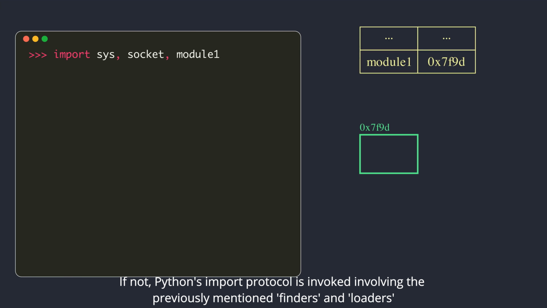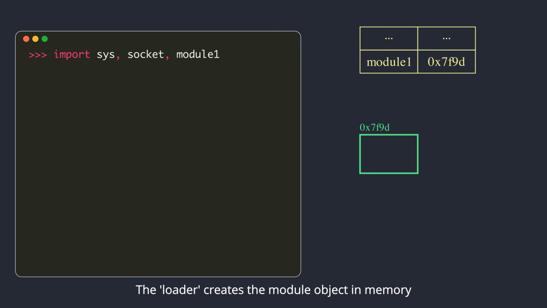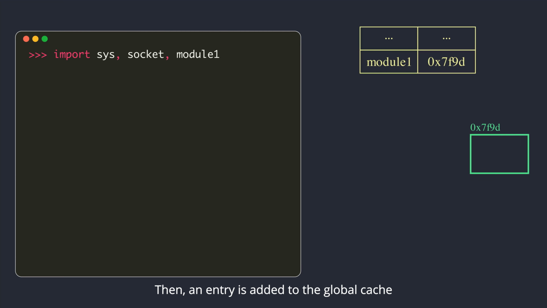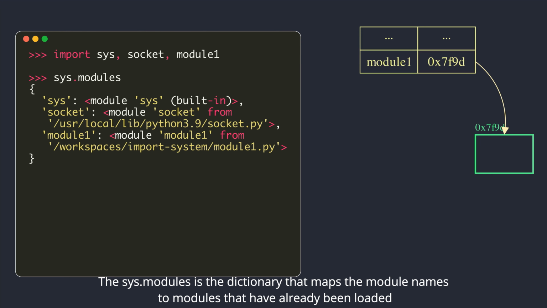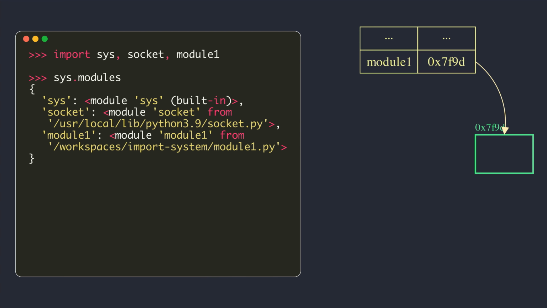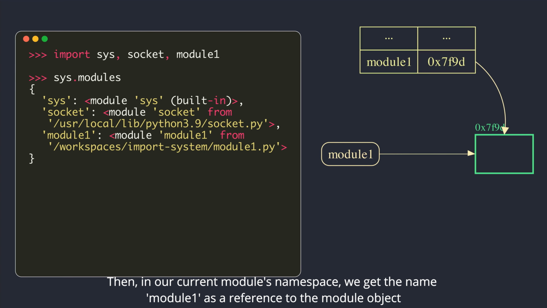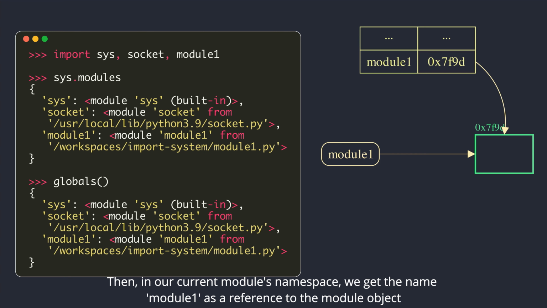If not, Python's import protocol is invoked involving the previously mentioned finders and loaders. The loader creates the module object in memory. Then, an entry is added to the global cache. sys.modules is the dictionary that maps the module names to modules that have already been loaded. Then, in our current module's namespace, we get the name module1 as a reference to the module object.